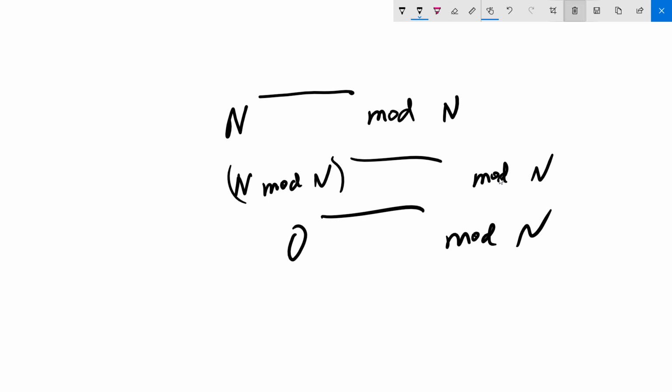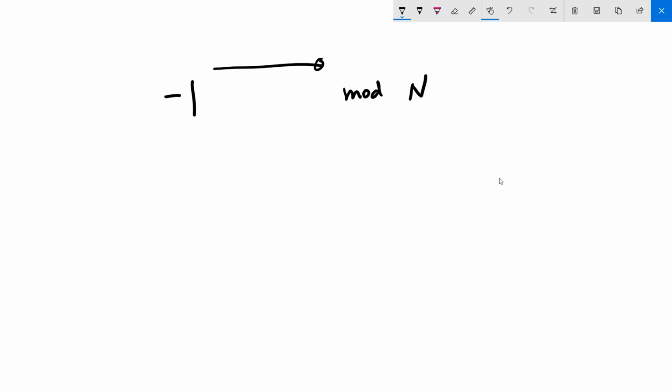So let's see what I mean by that. Suppose I ask you to take -1 to some massive power mod something. What's the answer going to be? It's either going to be 1 or -1, depending on the parity of the exponent.